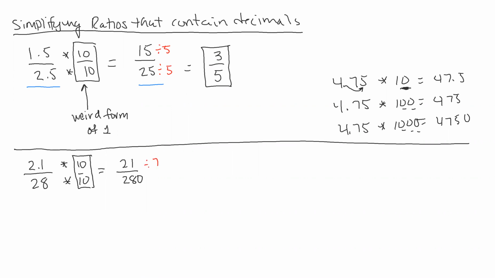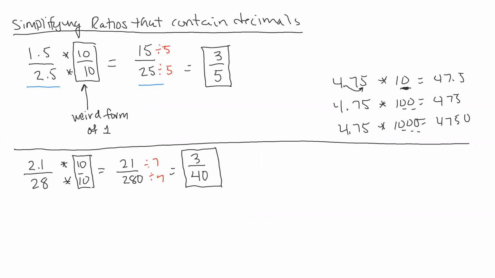So I'm going to divide by 7, I'm going to divide by 7, and I'm going to get 3 over 40. So there you have it. It may not look any more simplified than 2.1 over 28, but 3/40 still equals 2.1 over 28. It's just simplified. We've removed that decimal from the problem.